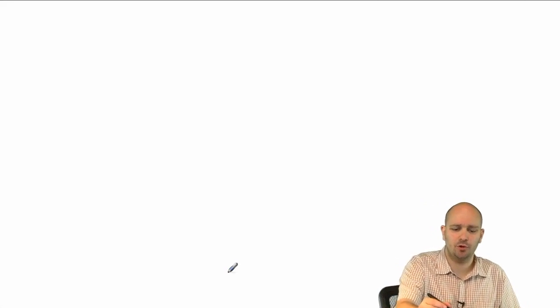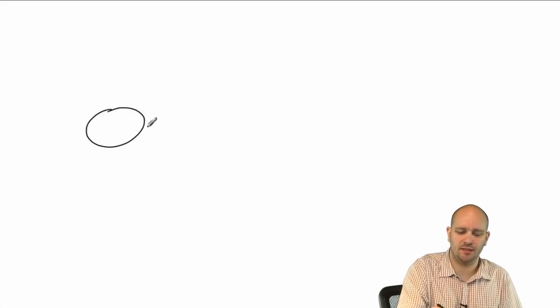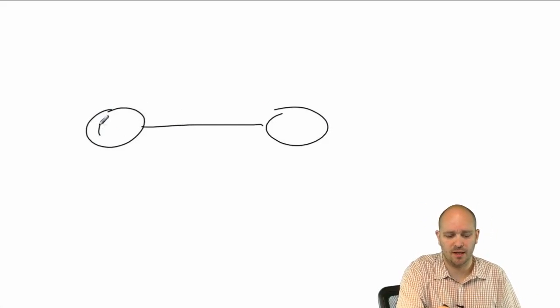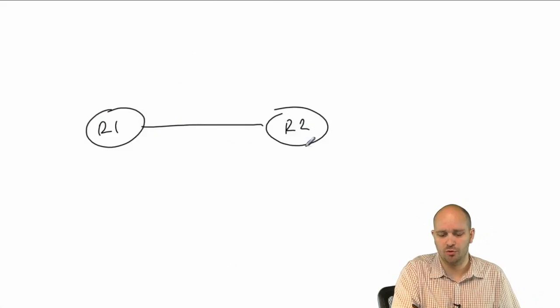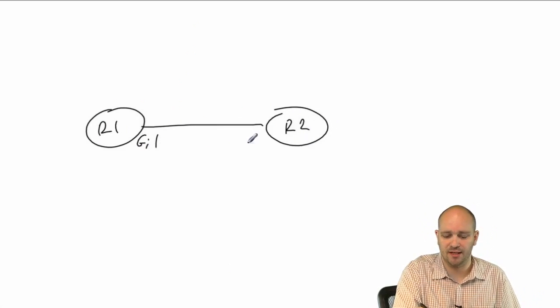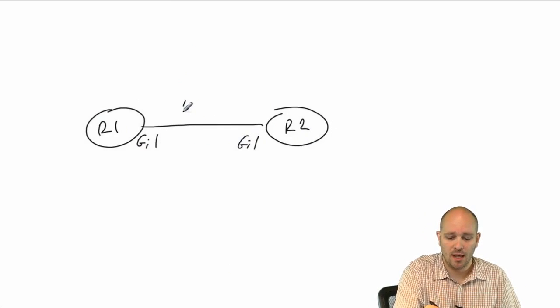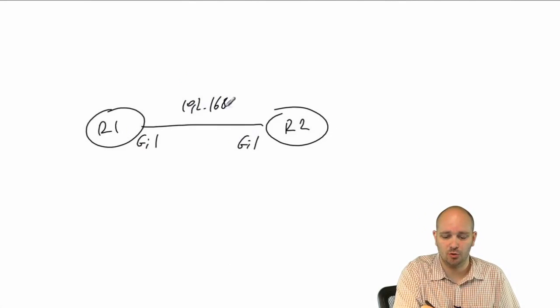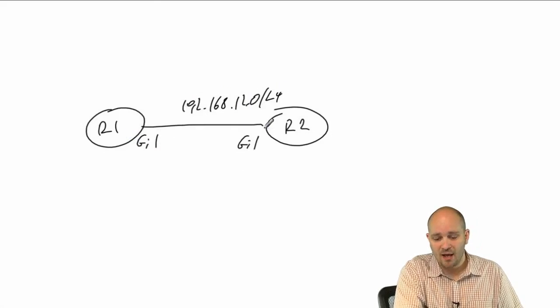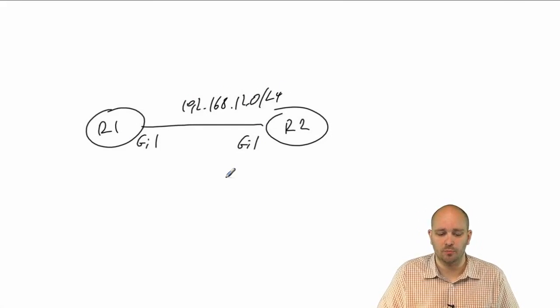To do that, I'm going to continue with the example that I used before. I'm just going to use my R1 and R2 routers here, and they are interconnected on gigabit interfaces 1, and the network between them is 192.168.12.0/24, and I already have OSPF configured between them.